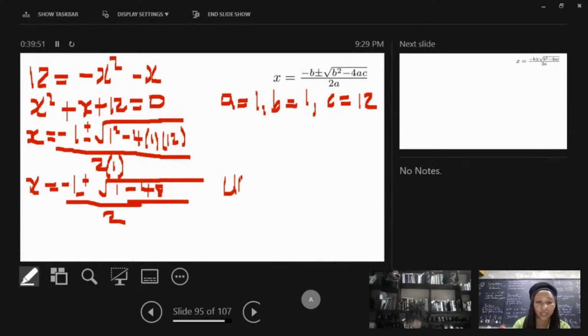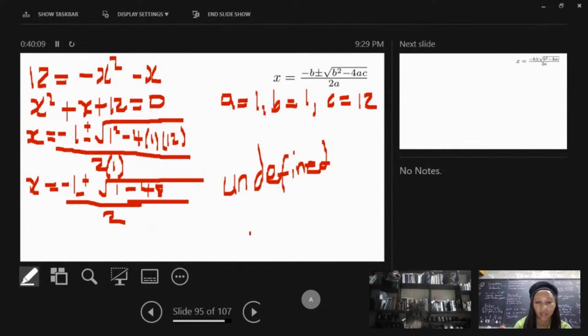So this one is undefined. For the formula to work, you must get a positive number under the square root. You can't find the square root of a negative number.